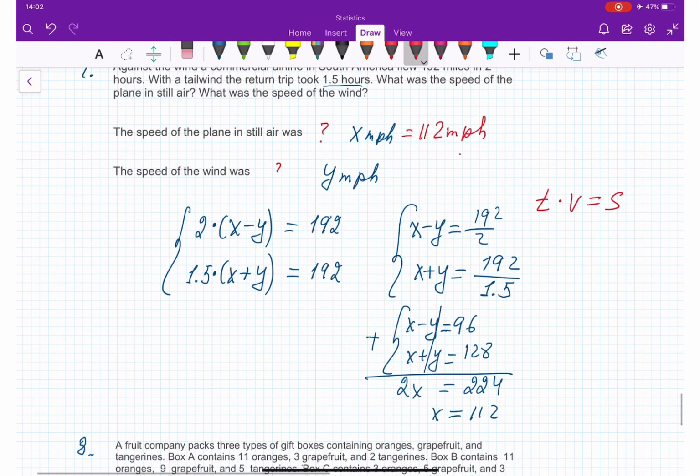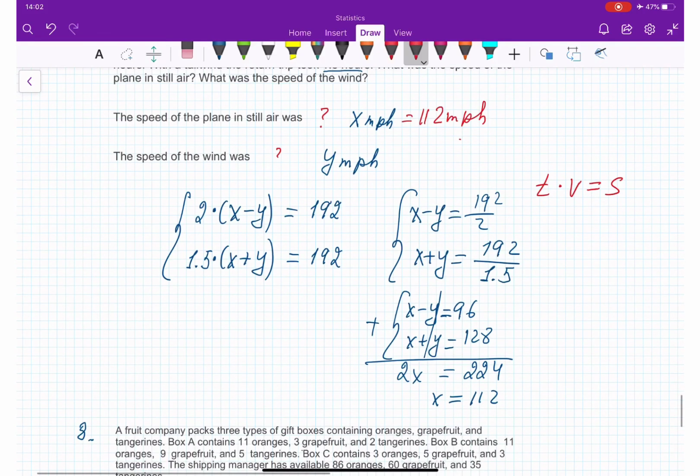Accordingly, the speed of the wind we need to find. So I can take this, plug this in the first one. So x, I take 112 minus y is equal to 96. So I'm using this first one.